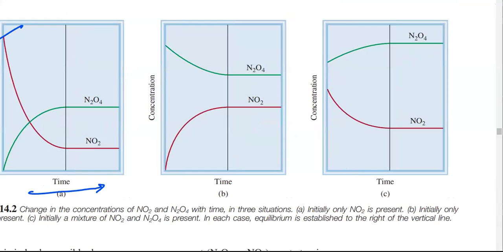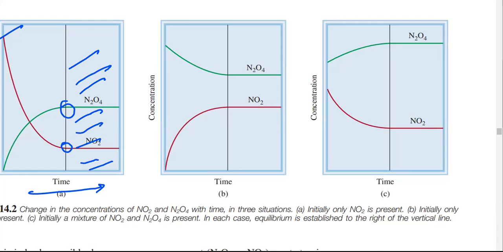Initially only NO2 is present, the brown color. In that case, what will happen? This concentration will be more and it decreases, until it comes to one point, and at that same time the N2O4 concentration also becomes constant. Equilibrium is reached, so this entire portion is the equilibrium portion.